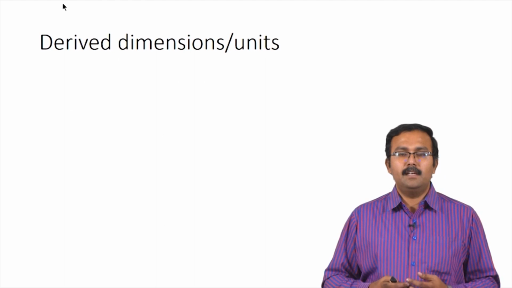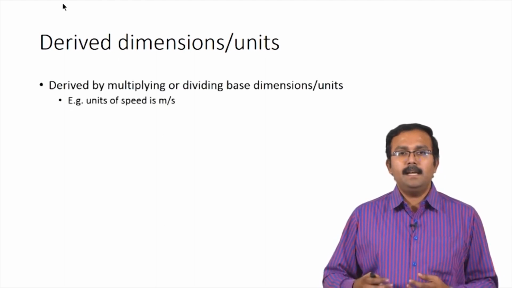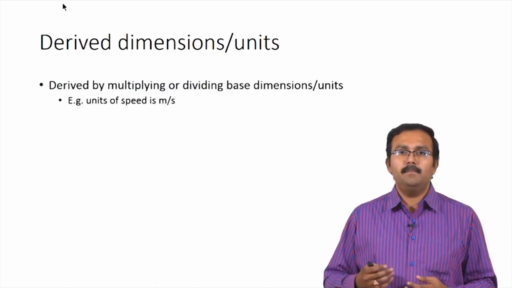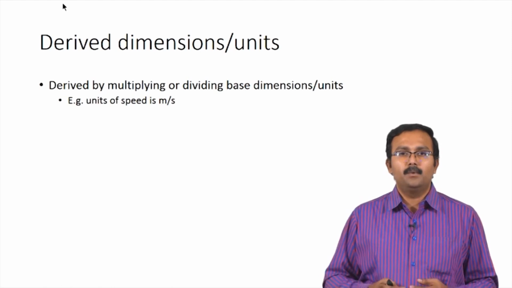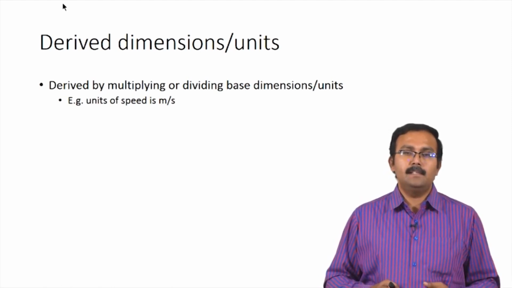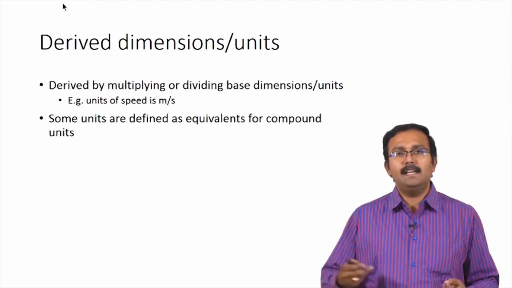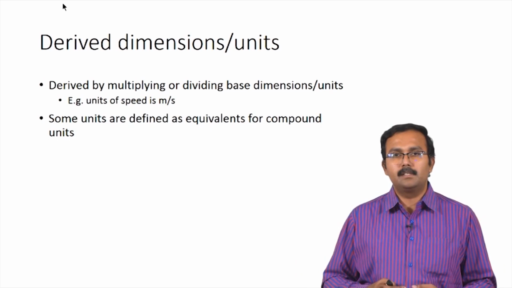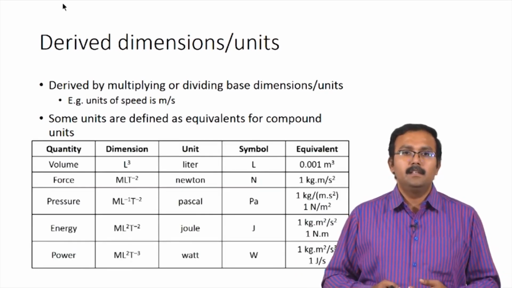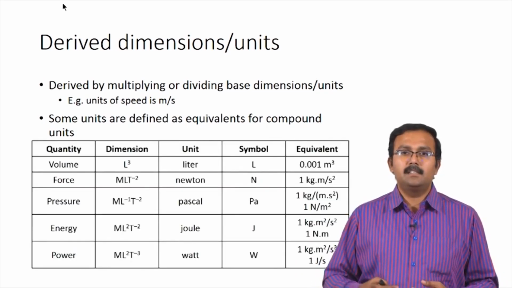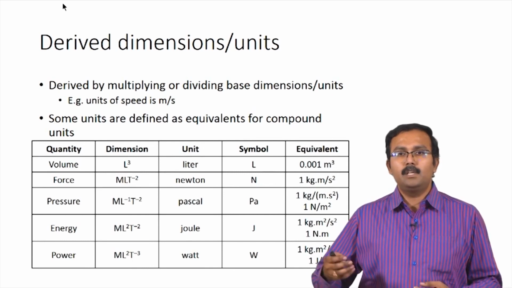Moving on to the derived dimensions and units, these are obtained by multiplying or dividing base units or dimensions. One example could be the unit for speed, which is given as meters per second. You could also have units which are defined as equivalents of these compound units. The examples are given here. Volume is measured in liters, which is basically 0.001 meter cube.